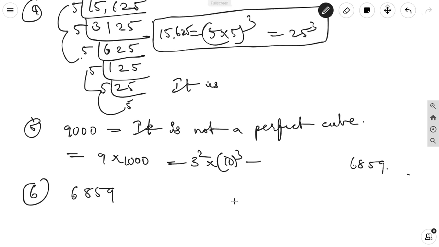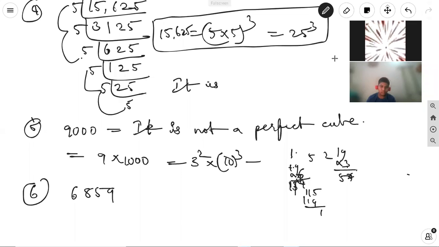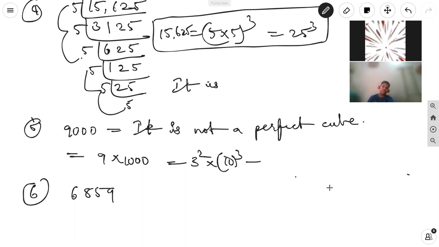6,859. We can start with 3, 7, 9, 11, 13, 17. These tables, it's not divisible.